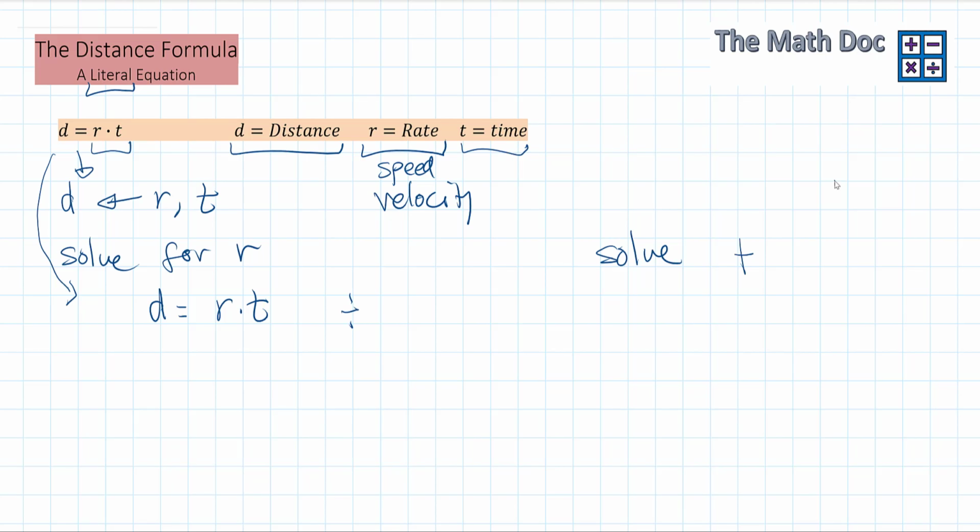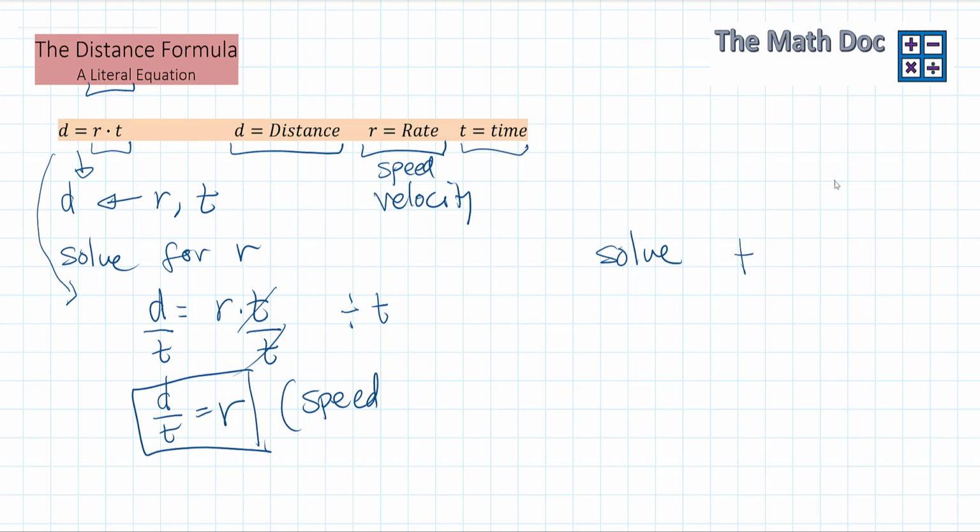We will divide by the time t. So if we divide by t, as we're doing here with the fraction symbol, we basically cancel the t on the right, and we have d over t equals r. So here we've solved for the rate or for the speed, which sometimes is given by the letter s.